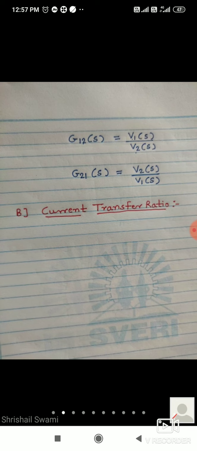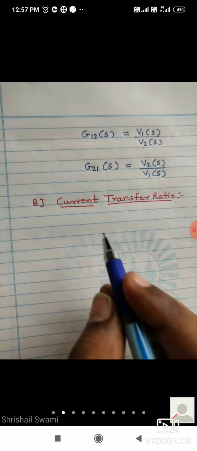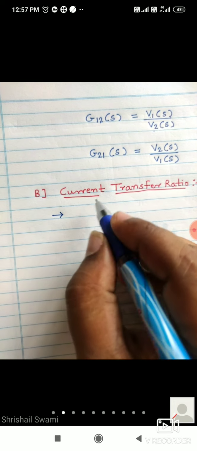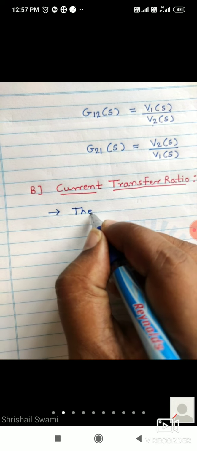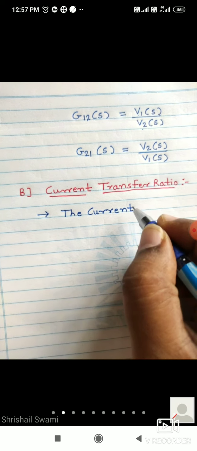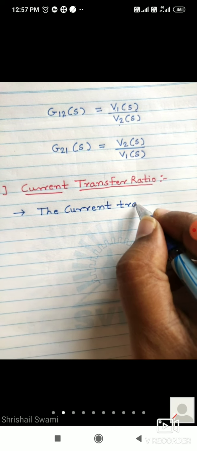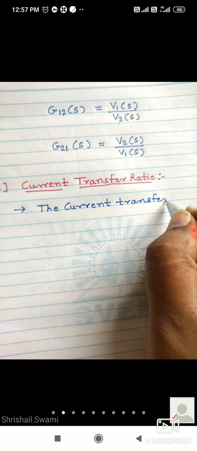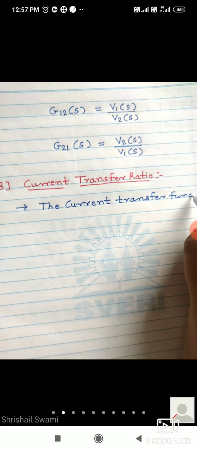It is nothing but current gain I1 upon I2 किंवा I2 upon I1. Okay, so the definition will be common. We can take the current transfer function or transfer ratio function.